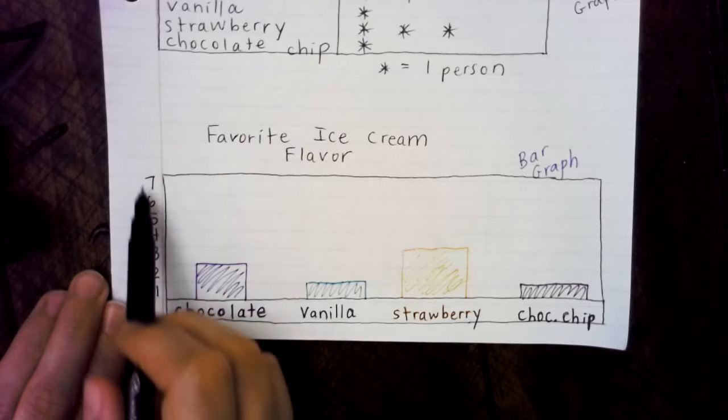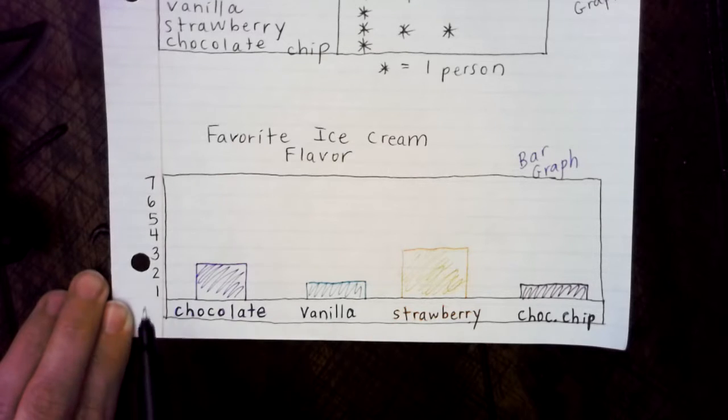And then here on this side of my graph, I have counted up with numbers. I counted up from 1 to 7 because I knew I only surveyed 7 people, so I didn't make the numbers go higher.